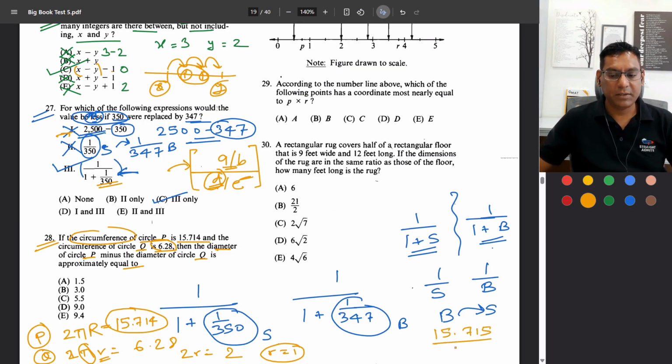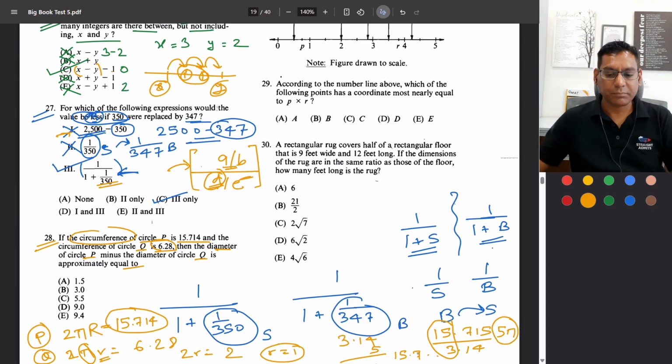15.71 divided by 3.14. I'll start with a 5. Okay, let me see if that works out. 3.14 times 5 is going to be 15.7 something. So this is going to be 5 pi roughly. See, all these are rounding errors, and pi is obviously an infinite number, so that's why we are getting that.